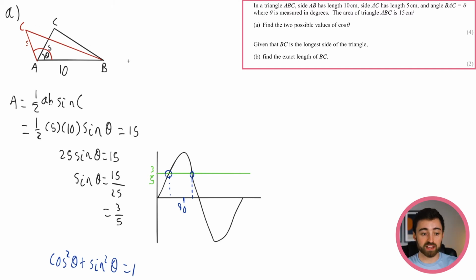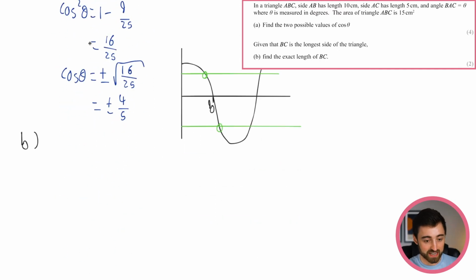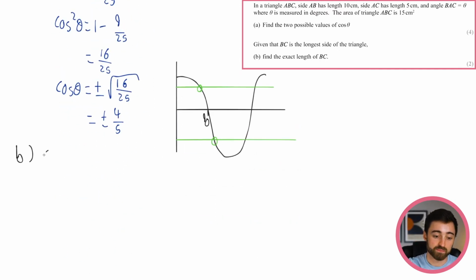So which value of theta does that correspond to? It's going to be the obtuse one, the one bigger than 90. And which value of cos does that correspond to? The minus 4 over 5. So we now know that theta is bigger than 90 and that cos theta is equal to minus 4 over 5.